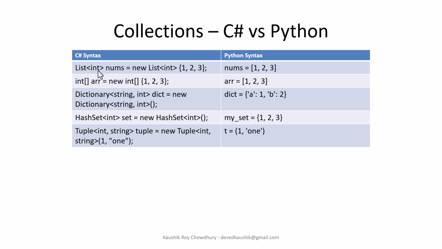List of int is a list in C#. And dictionaries are similar to Dictionary<TKey, TValue>. This is a type key and type value, Dictionary of string and integer. And dict is the nearest to this dictionary. Indexing is zero based in both languages, but Python's slice syntax is powerful and compact.